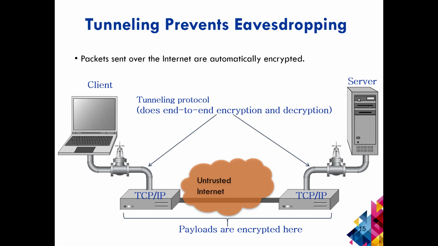So tunneling is the process of encrypting and decrypting information between two distant networks, which can act as the same network.